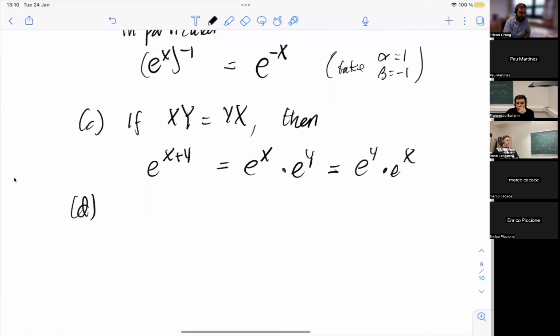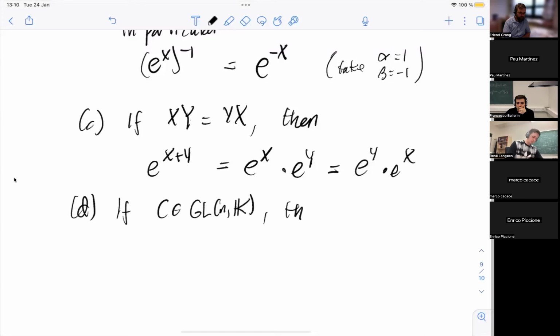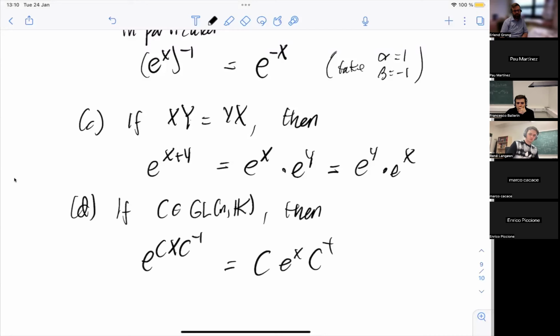So next, the exponential map works very well with conjugation. If C is a general linear map, in GL_n(K), then taking conjugation is the same as conjugating after applying the exponential map.